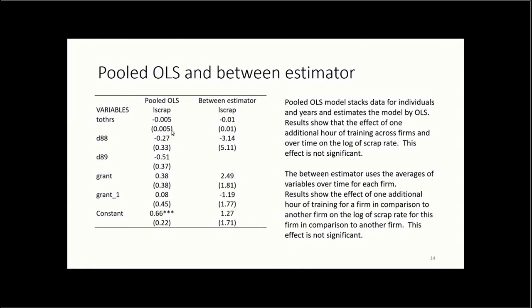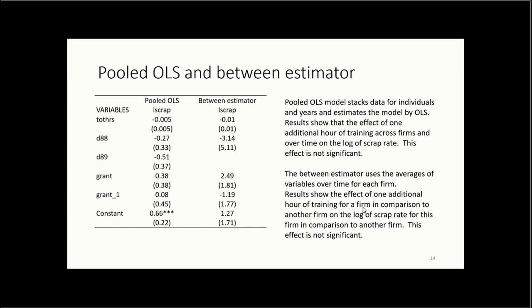The between estimator, on the other hand, would use the averages of variables over time for each firm. So even though this says LSCRAP, this is actually LSCRAP bar, and this is total hours bar. So this is the average of these variables that was used. And here the results will show the effect of one additional hour of training for a firm in comparison to another firm on the log scrap rate.